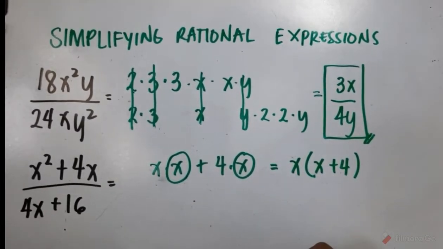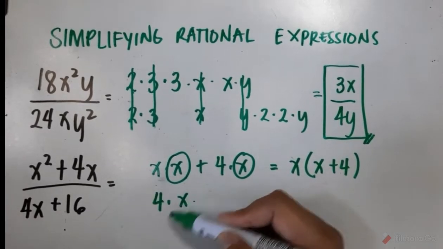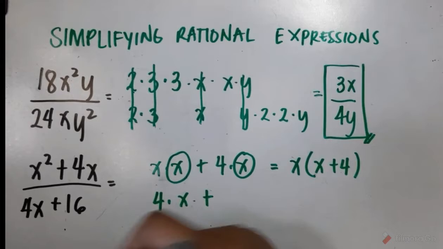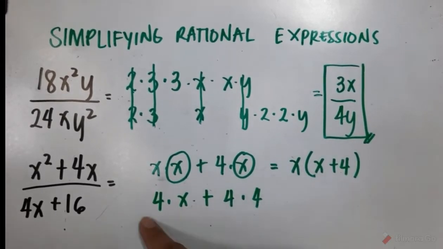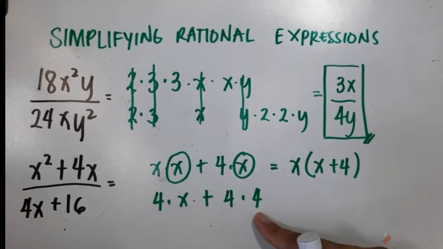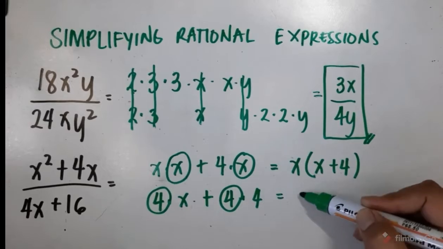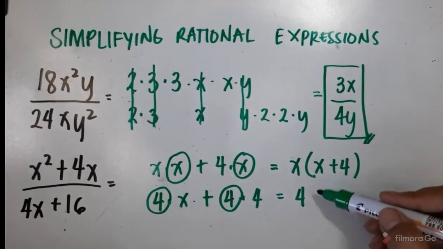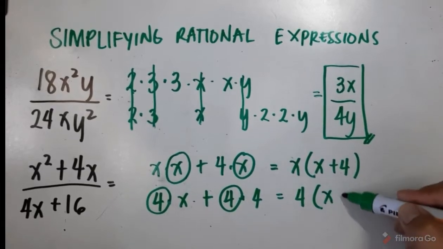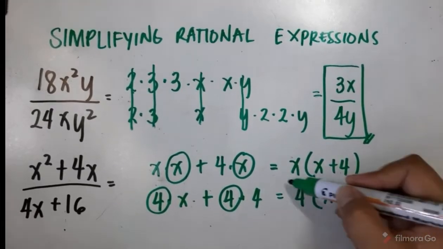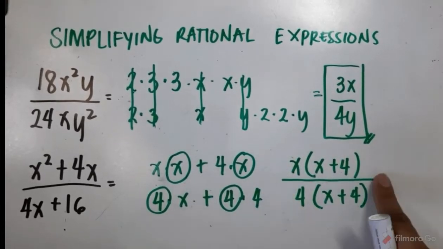So in the denominator, we have 4x, that's 4 times x, and then the factors of 16 are 4 times 4. So what's the common factor of these two terms? Yes, it is 4. So we will write this as the common factor outside the open and close parentheses. And what do we have left? x and 4. See? Then we rewrite it as the numerator and the denominator.